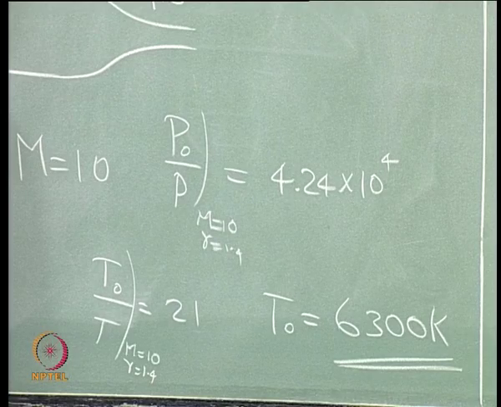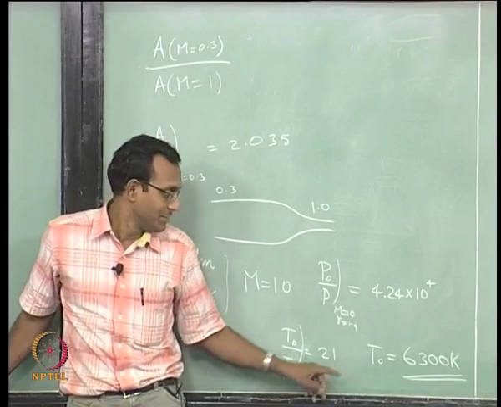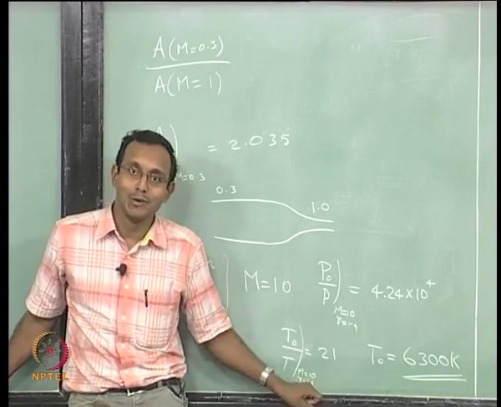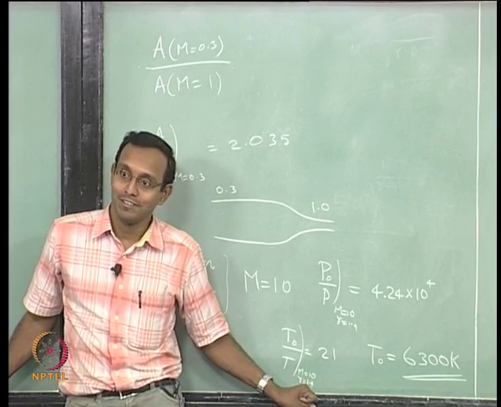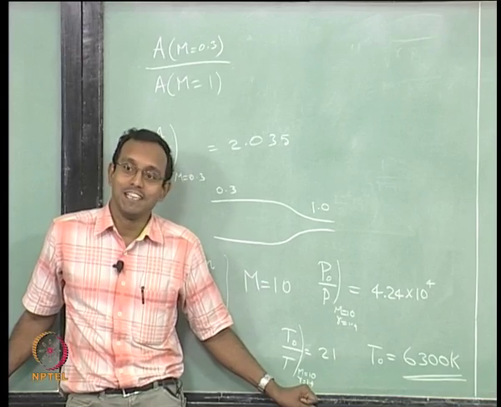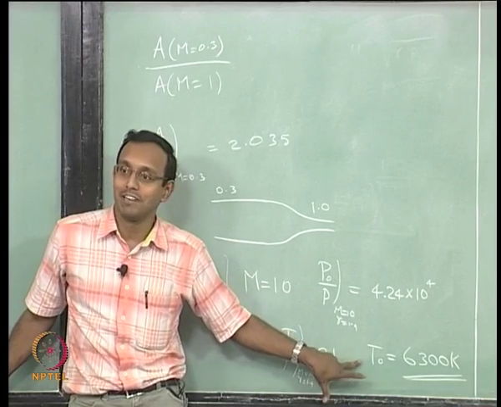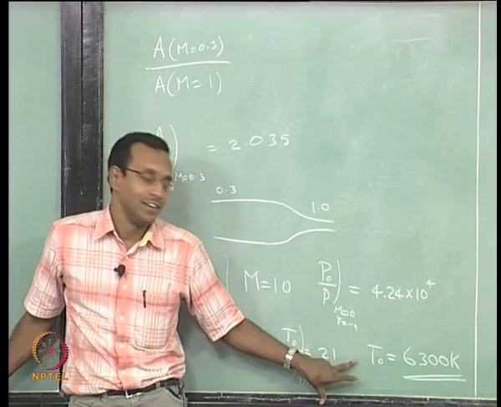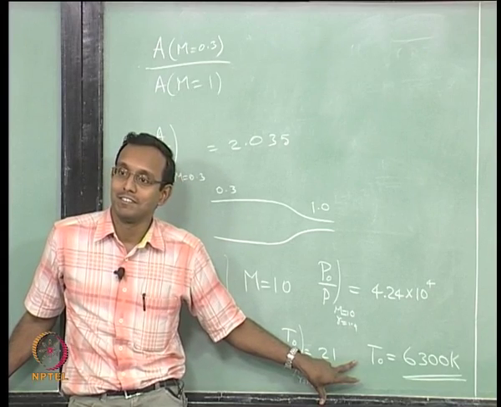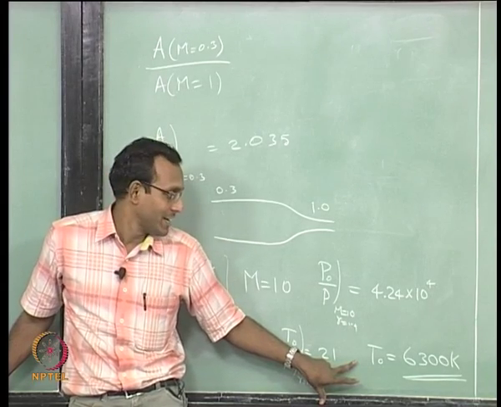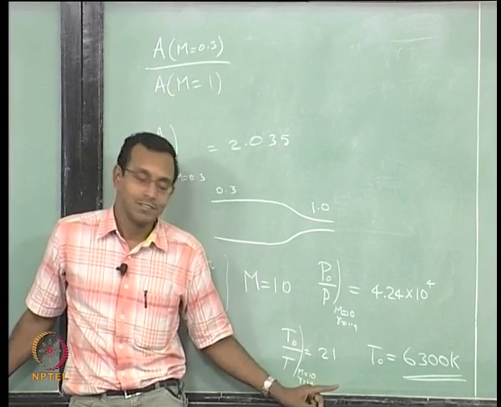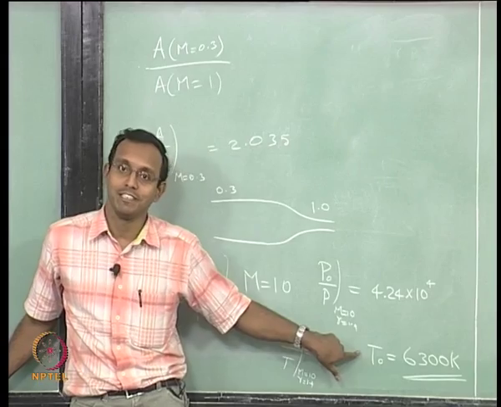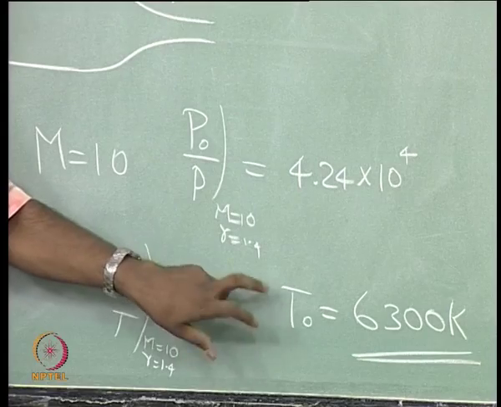Remember, in front of the rocket, if the temperature is this high, I already told you that gamma, which we assume to be 1.4, will change if my temperature is above 2000 Kelvin. Here it is 6,300 Kelvin. Ideally, I cannot directly use this number and calculate stuff. If I decrease gamma, this number will decrease.